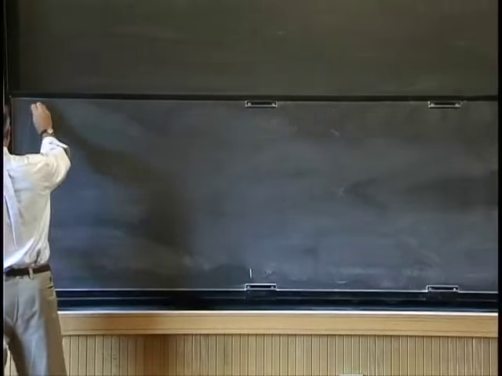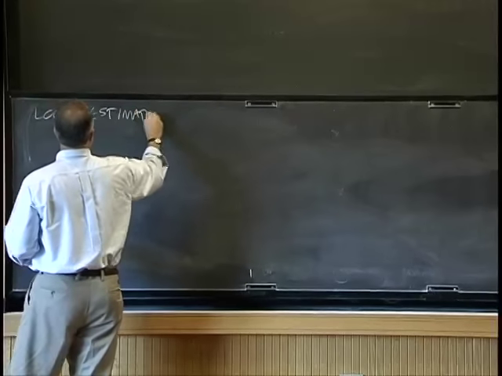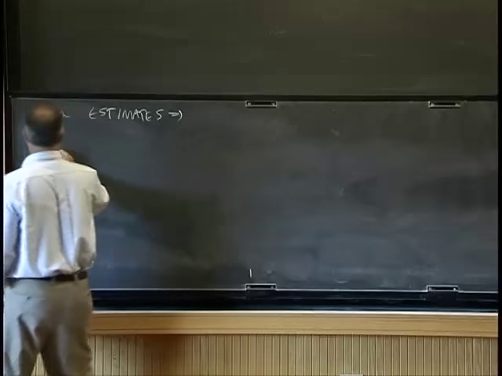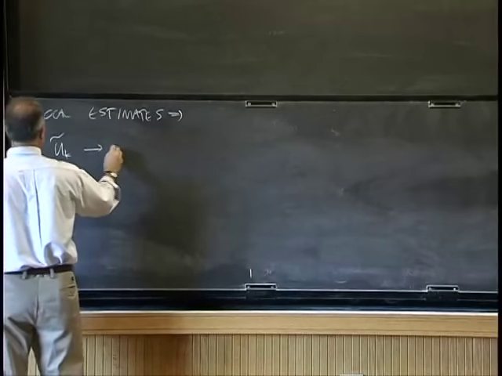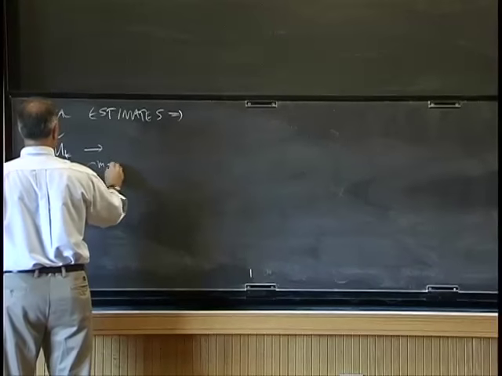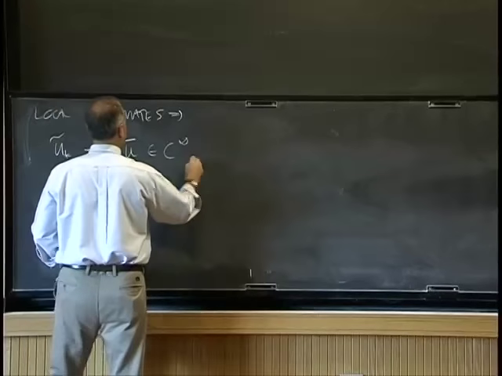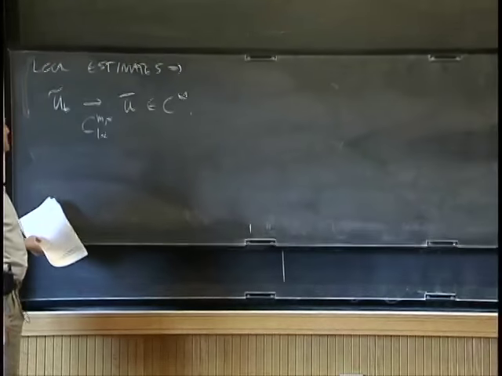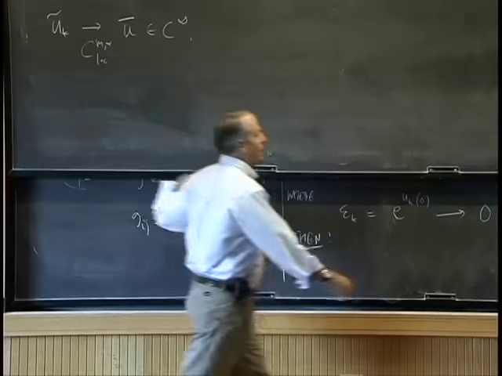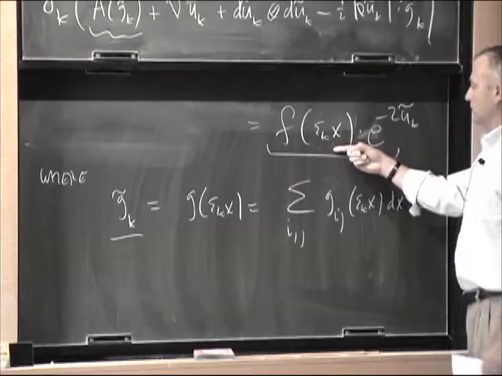Okay, so the local estimates imply that u_k tilde converges, say in C^{m,alpha}_loc, to some limiting solution u bar. And again, to emphasize, this is going to converge to a constant, right?